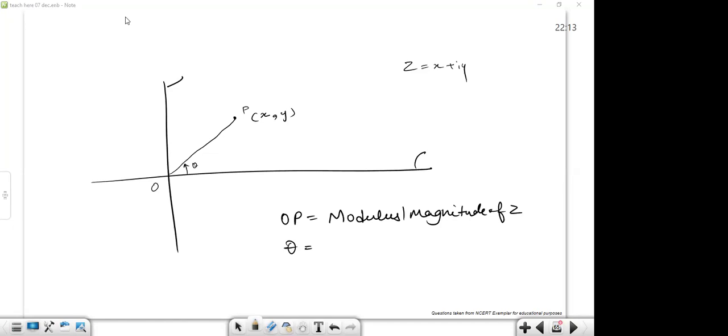But if you do this, you're not going to crack it. Okay. So theta is the argument. The angle made by the real positive axis with the complex number in the anticlockwise direction. If we go in a clockwise direction, then we'll have to take the negative sign with theta.